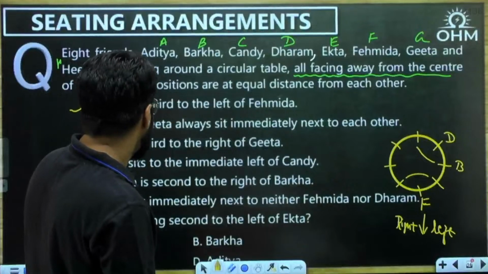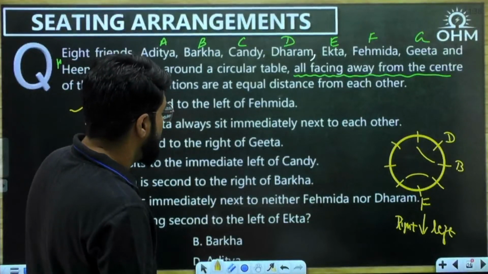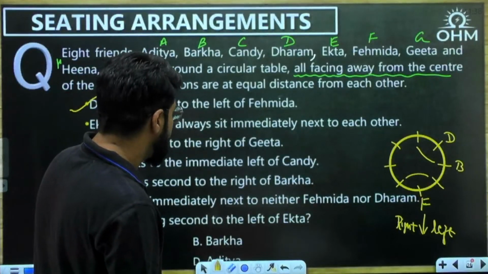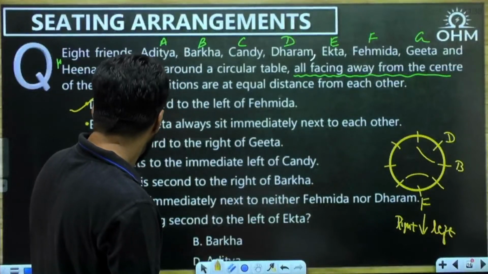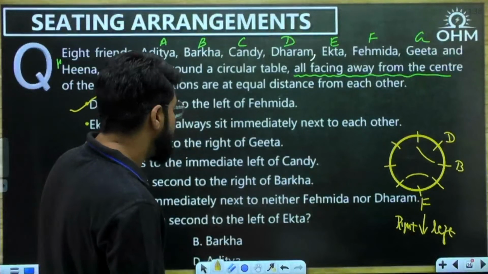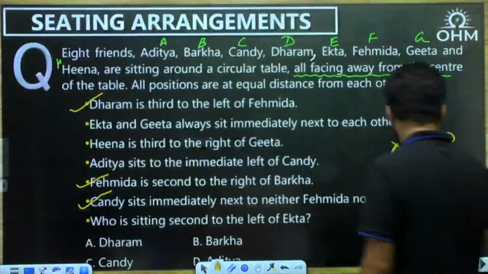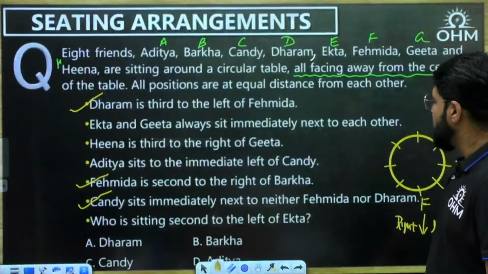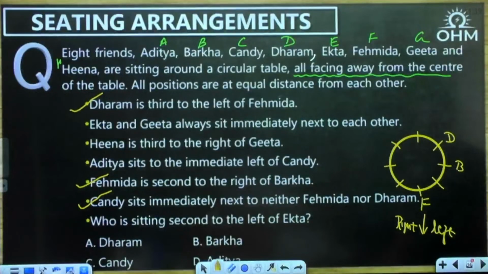And Aditya is to the left of Candy. All are facing away from the center. No, then the question is wrong. Aditya is left of Candy. Okay, the only possibility is Candy here, Aditya here, but then there is no position left for Ekta and Geeta, who are immediately next to each other.